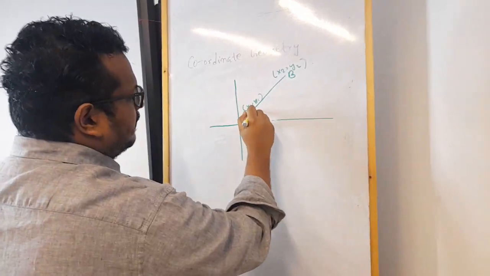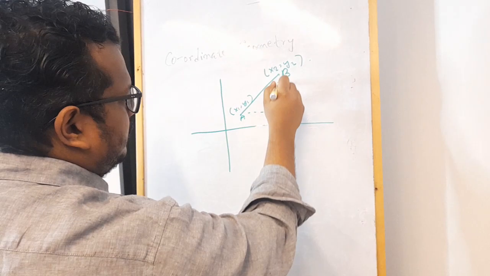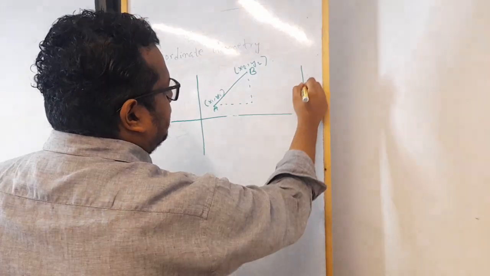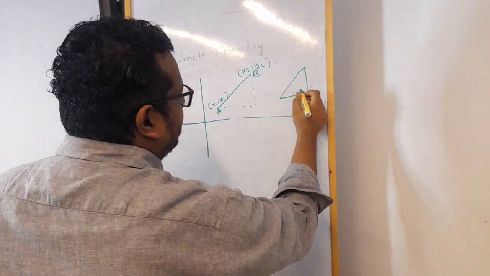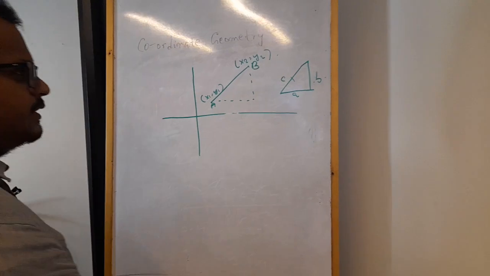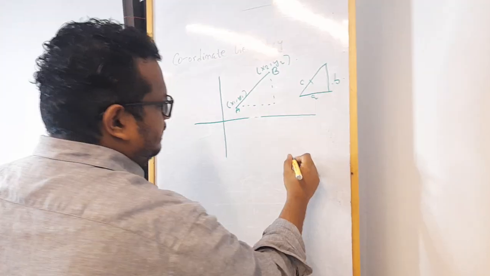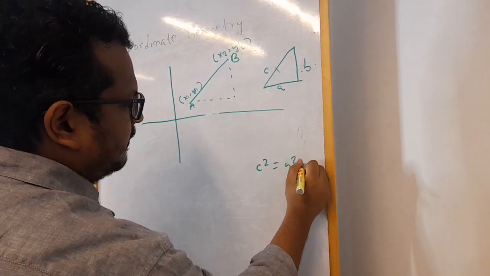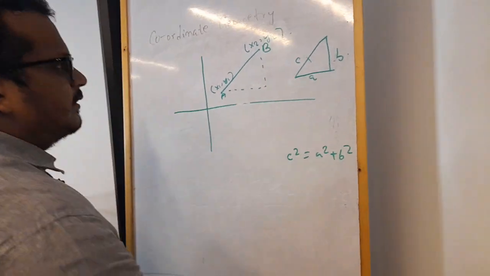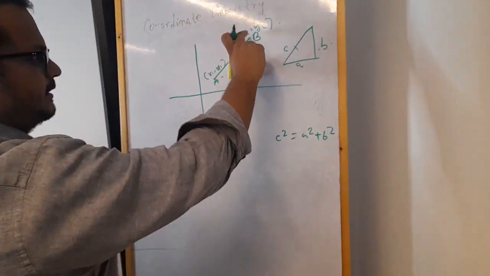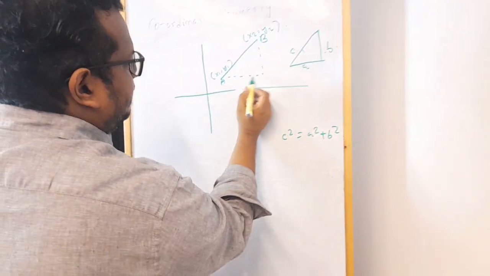Normally you draw a right angle triangle, and we know in a right angle triangle, if this is C and this is A and this is B, according to the Pythagorean theorem, C square equals A square plus B square. So basically we have to find this square and this square, right? So what is this square?